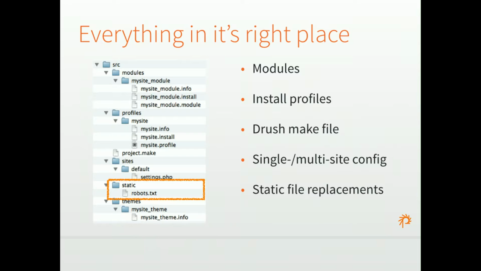So if you want to provide a custom robots.txt file or something else you just want dropped into the doc root, a favicon could be another thing you put in here. And then your custom themes.